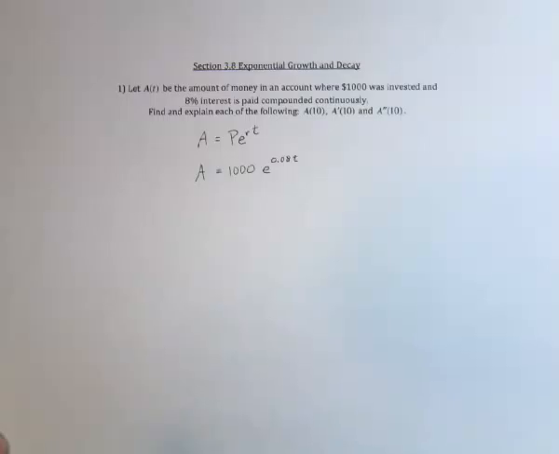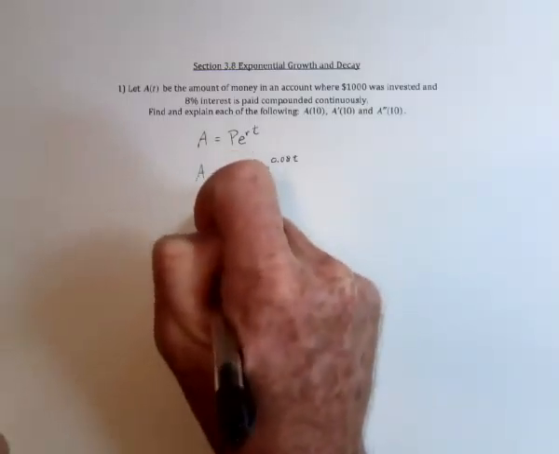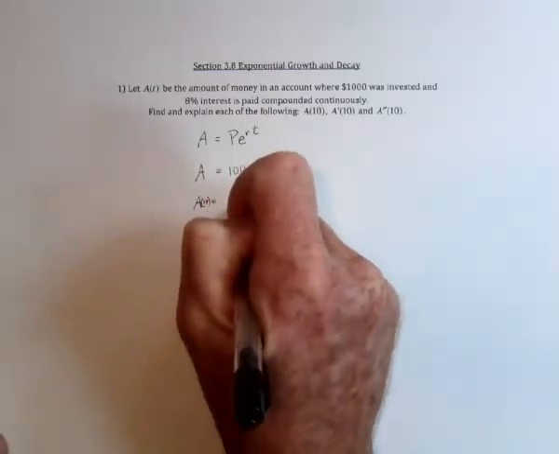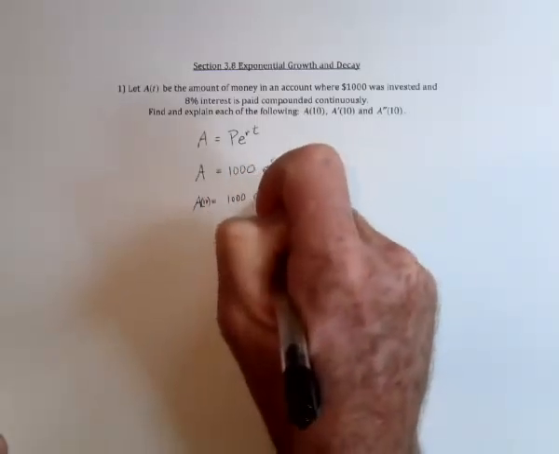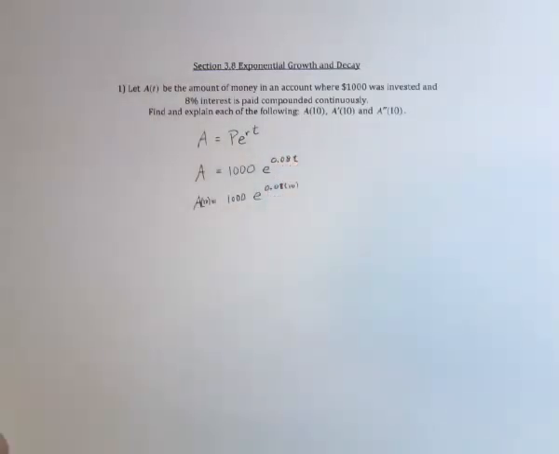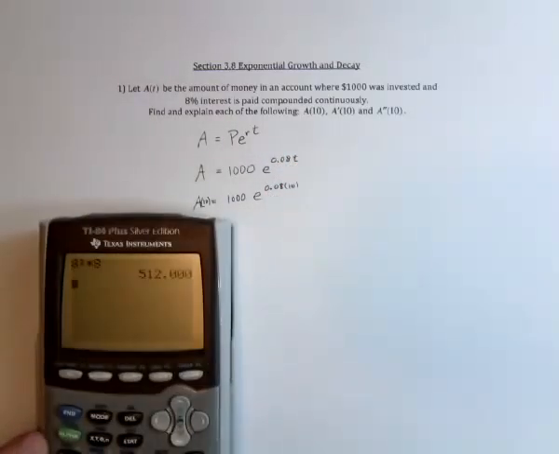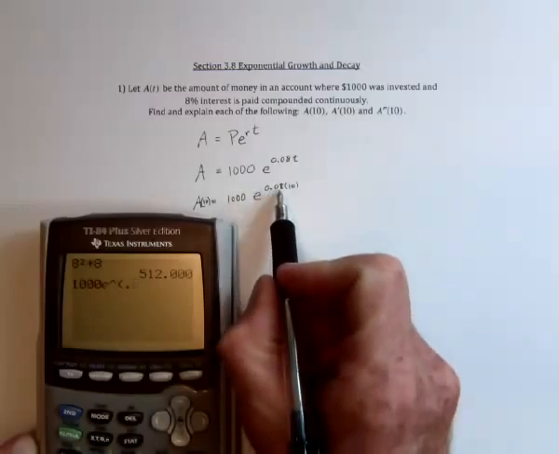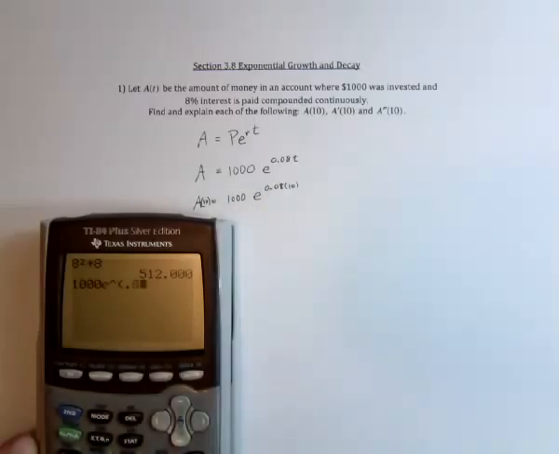Now substitute a 10 into this function, and then find out how much that is. So 1,000 and an e to the point... let's see, move the decimal place over by 1 by multiplying by 10, so 0.8.